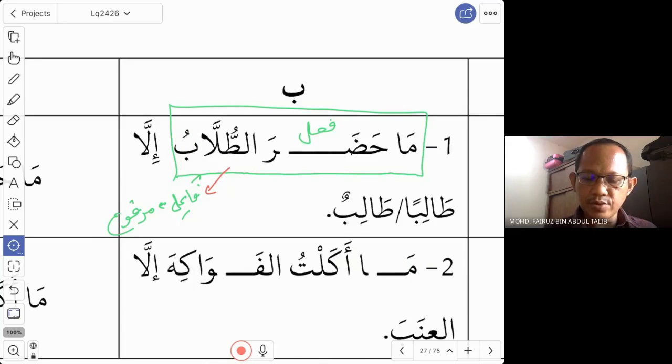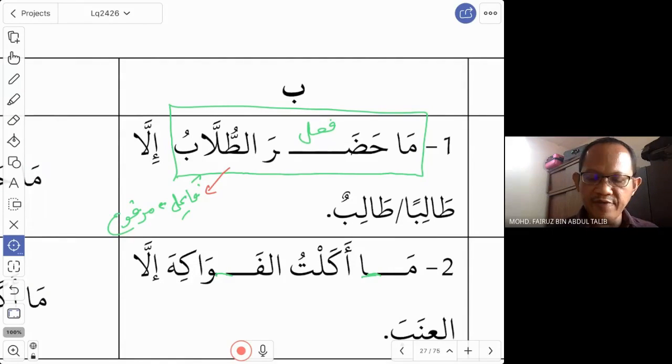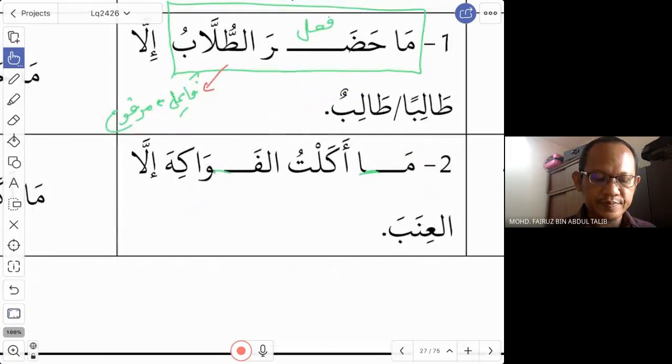As for jumlah number two, again this is also manfi. You have ma, so this is manfi. Ma akalat, did not eat al-fawaki, or ma akaltu, I did not eat fruits except al-inab. So the sentence is manfi. Is mustasna minhu available?